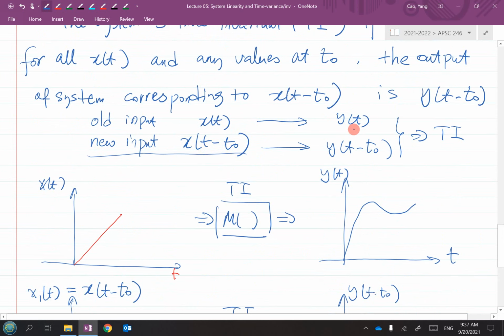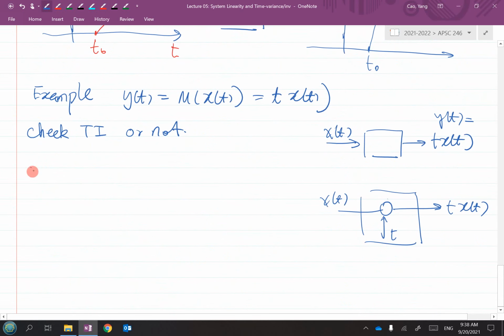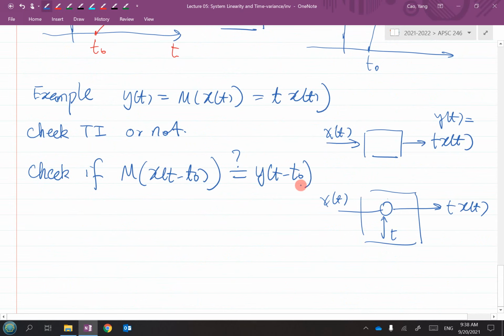So in other words, we need to check if I change my input to t minus t naught, if this term equals y of t minus t naught. That's what we need to check. If the answer is yes, then you have a TI system. Otherwise, it's a time varying system.